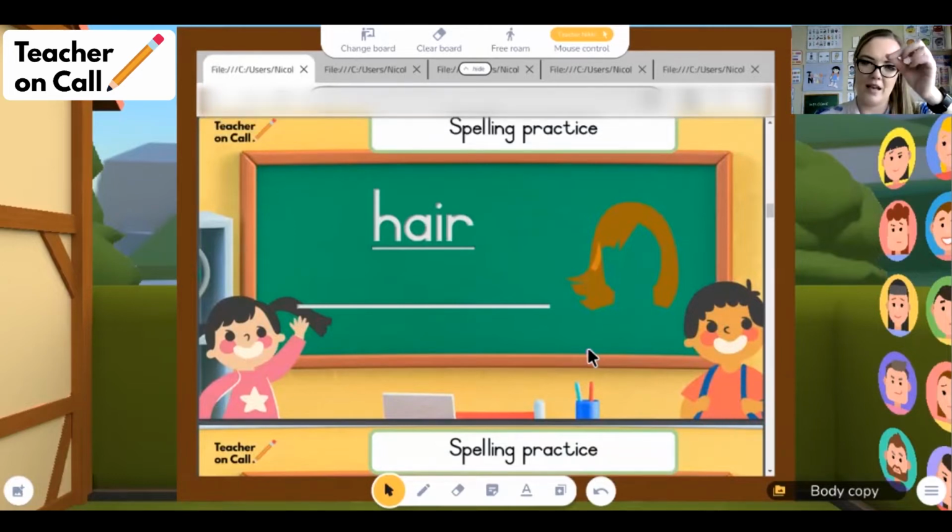One hair or a head of hair. We do not say hairs. This is called hair. A-I-R makes the air sound, hair.